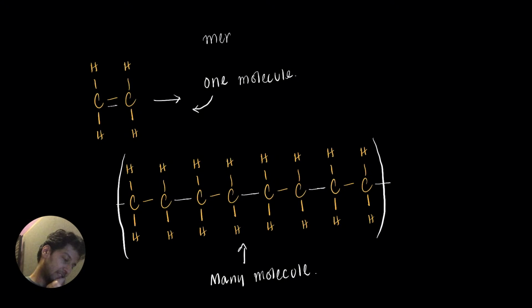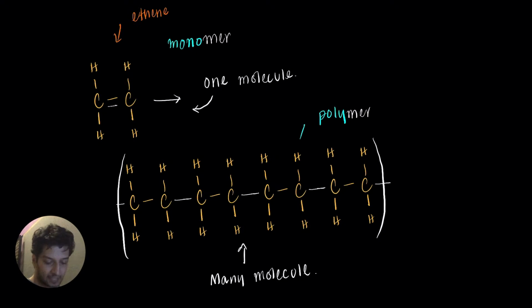Yeah, so this is called a monomer, and this is called a polymer. And this process is known as polymerization. What's interesting about this is the small product over here is called ethene, and these chains of ethenes joined together are called polyethene.